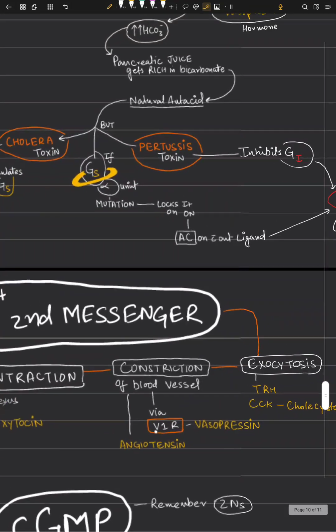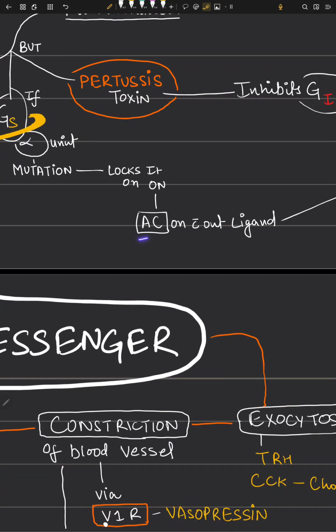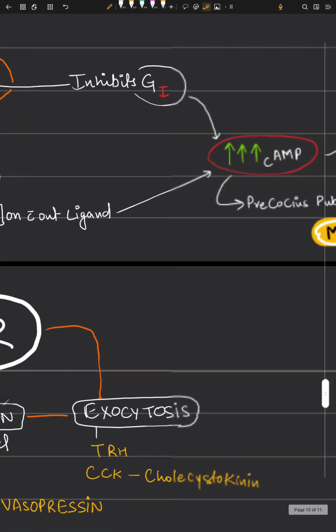Cool. What if the Gs alpha unit is mutated and locked on, and adenylate cyclase is also on without ligand? What will happen?